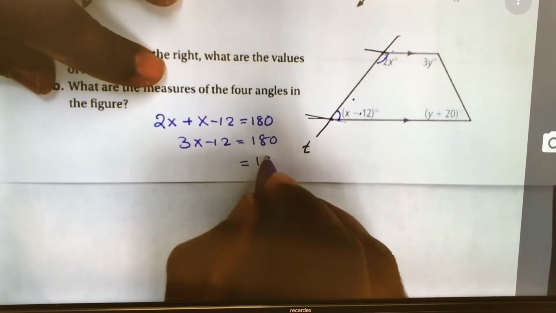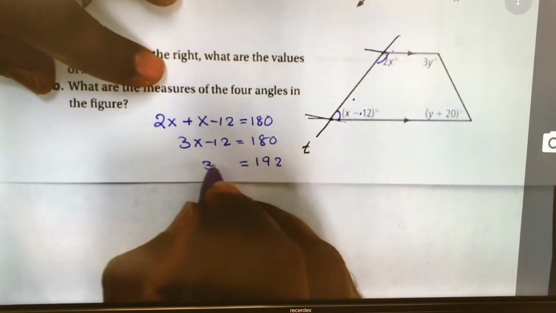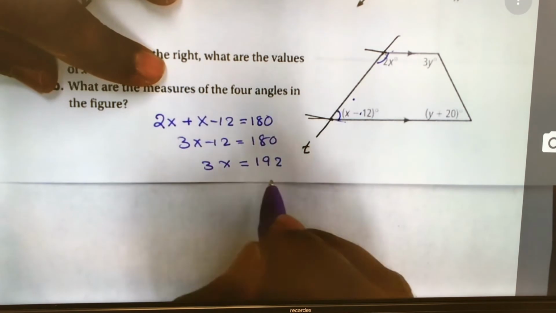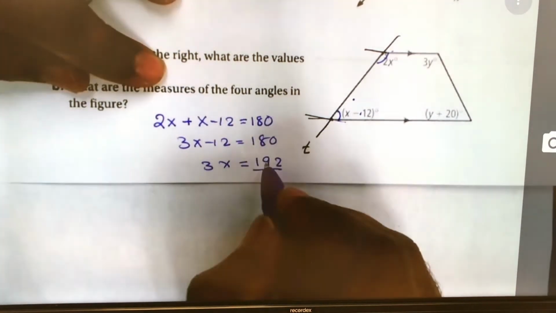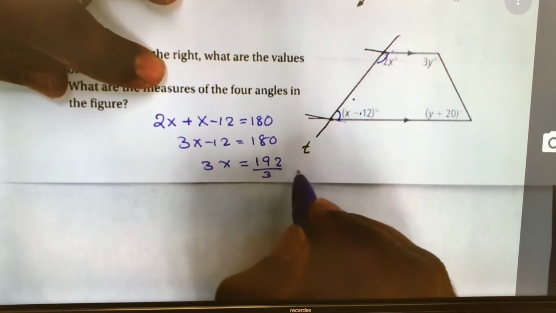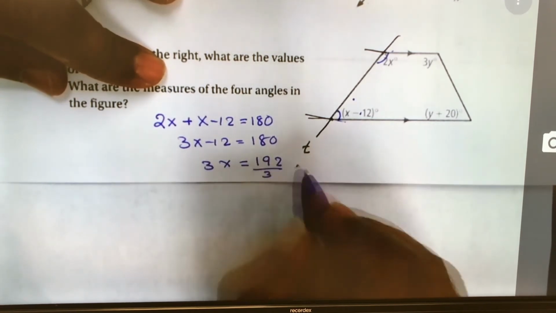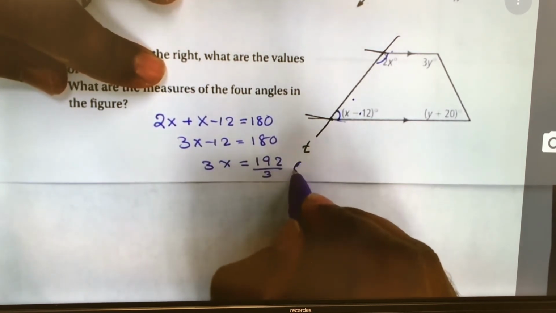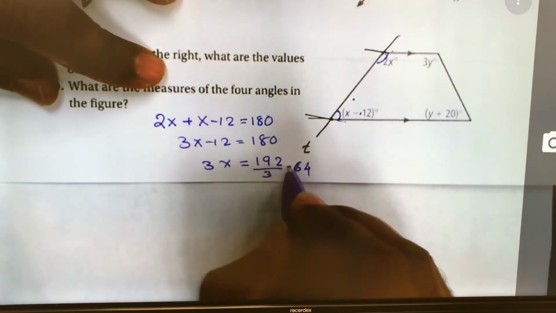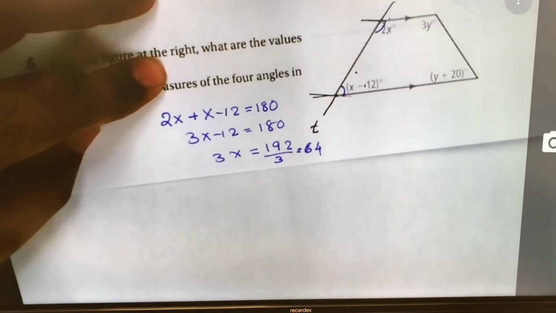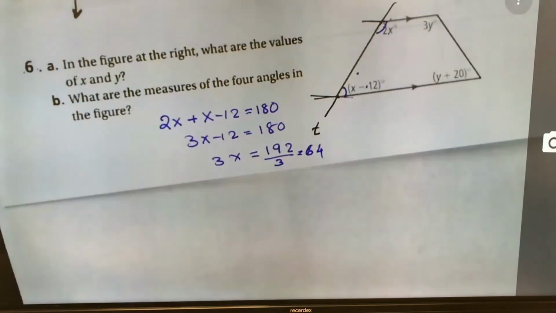That becomes 192 is equal to 3x. Then divide by 3. So 192 divided by 3: 19 divided by 3 goes 6 times, and 12 divided by 3 is 4, that becomes 64. So x is equal to 64.